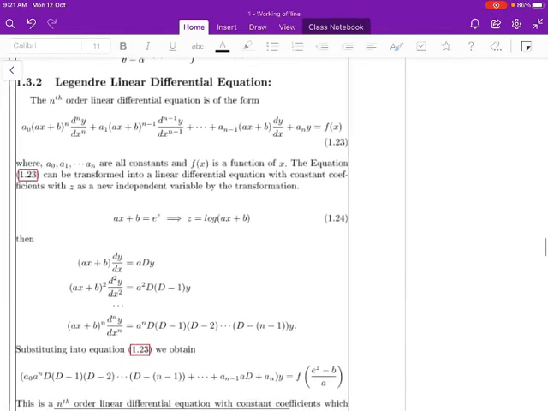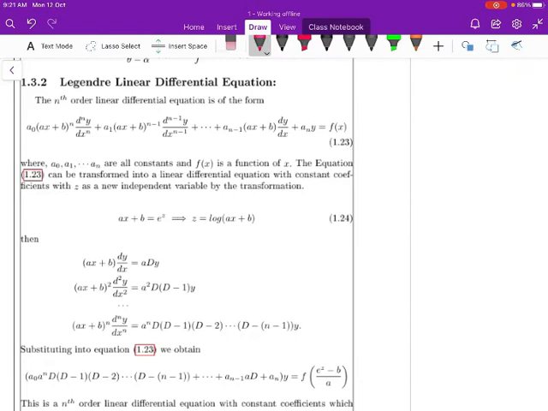Now let us move to another differential equation: solution of Legendre linear differential equation.